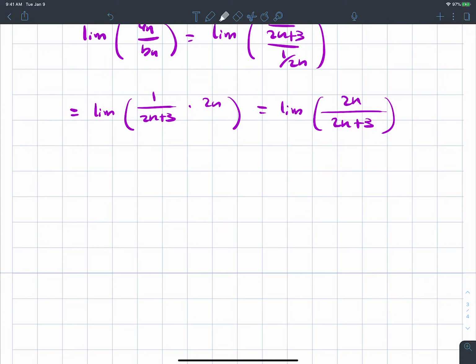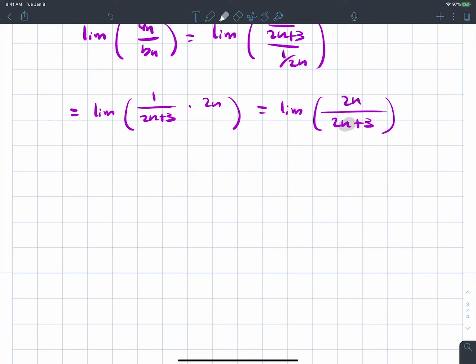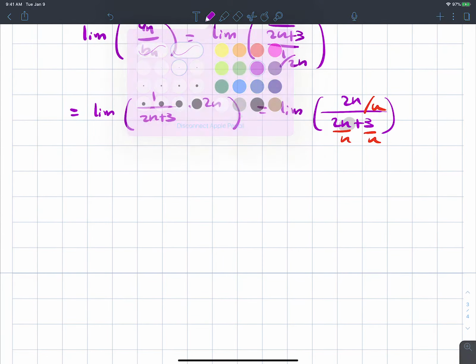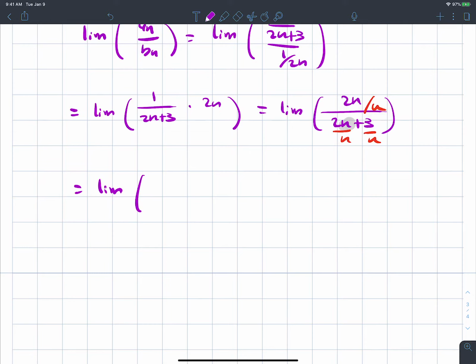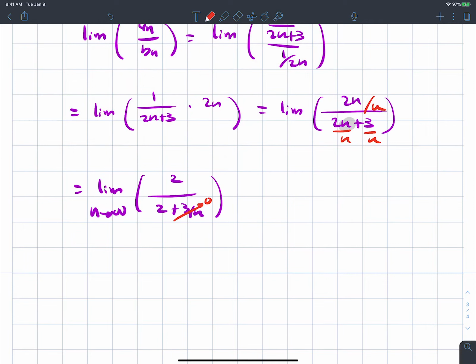Now, again, from Calculus 1, we're going to divide every term by the variable with the highest power in the denominator, which is n. So you get the limit here now of 2 over 2 plus 3 over n. And remember, this is as n gets big. So as n gets big, this portion goes to 0. And you're going to end up with 2 over 2 plus 0, or again, 2 over 2, which is 1. And that's your constant there, C.